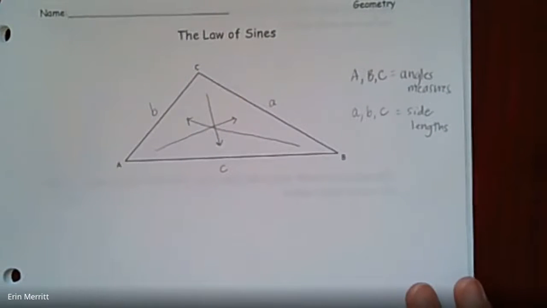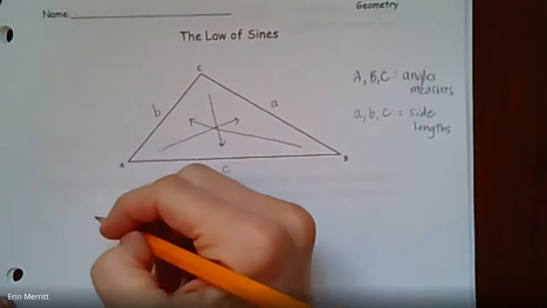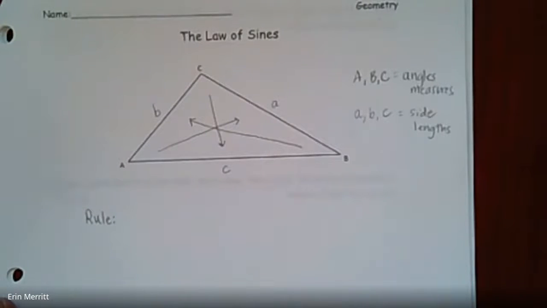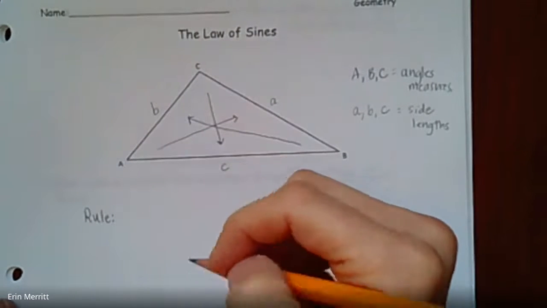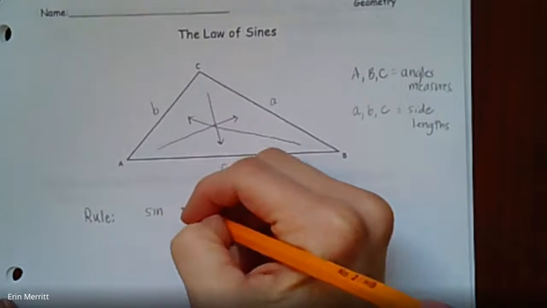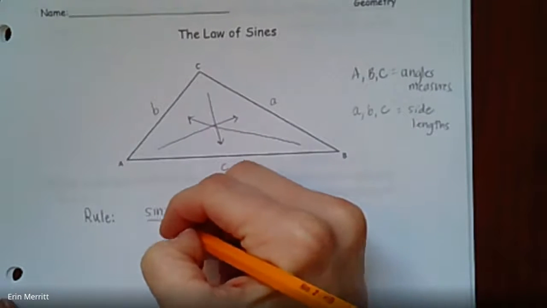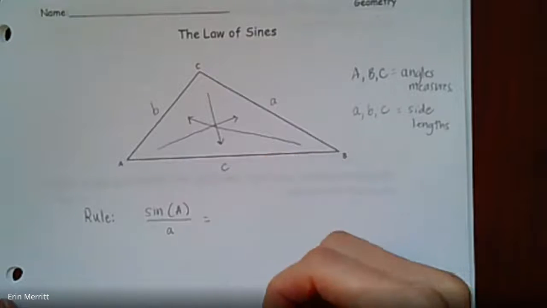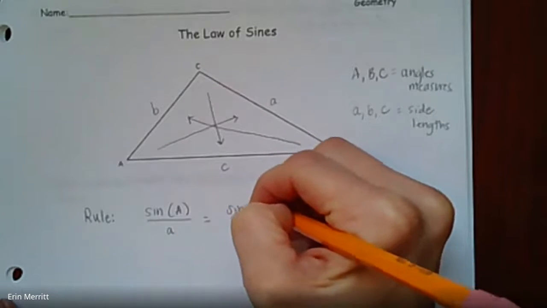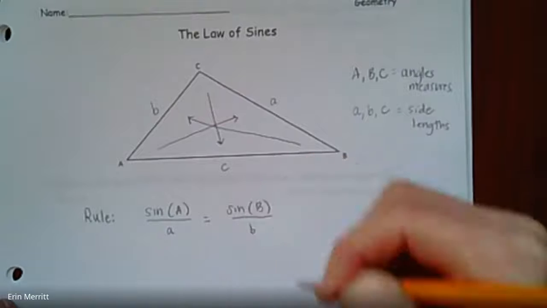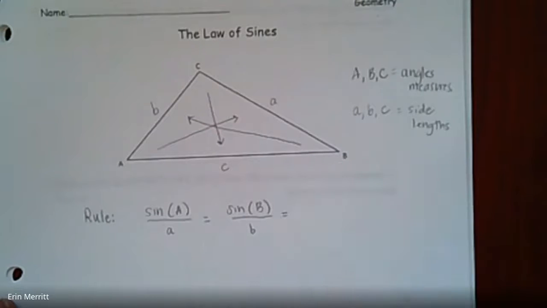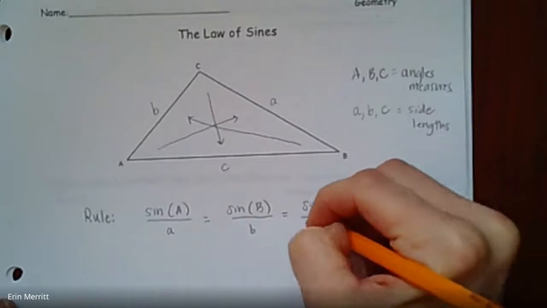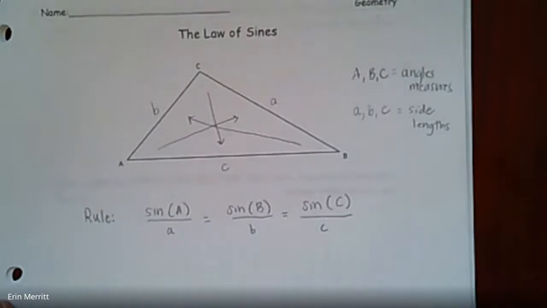All right, what the law of sines reads as, it's got 3 parts when we use any 2 at a given time. It says that the sine of angle A over the length of little a is equal to the sine of angle B over little b, which would also be equivalent to the sine of capital C over the length of side c.